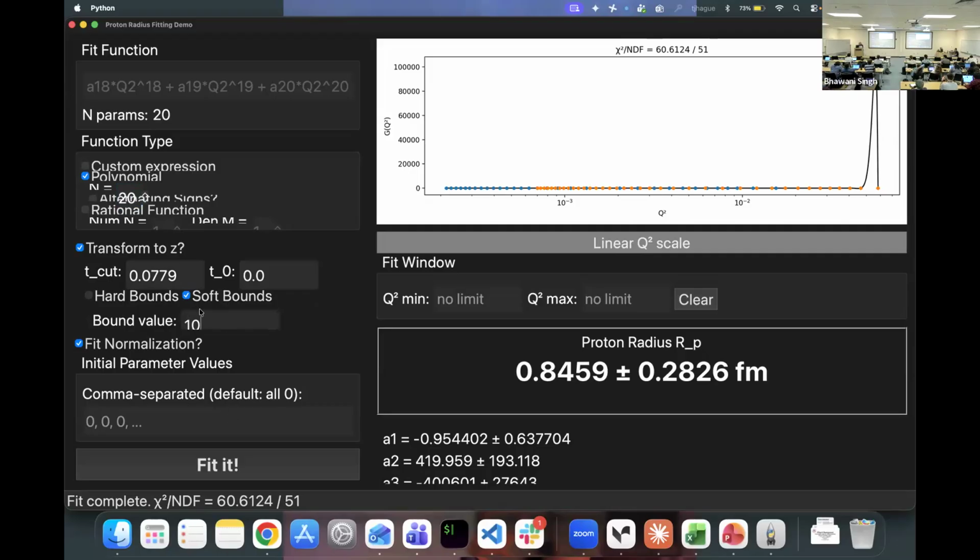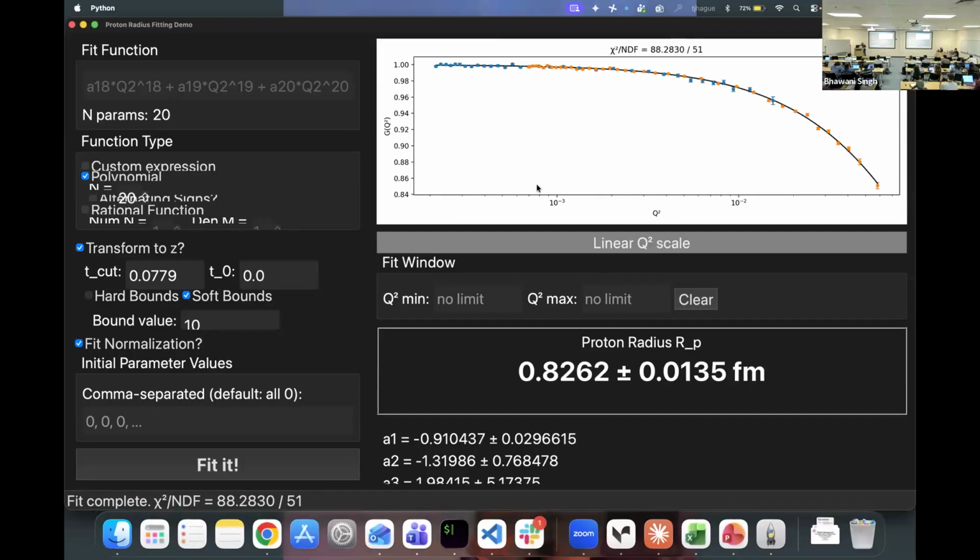What I've done here puts a soft boundary on each of the parameters, that the absolute value of it shouldn't be more than 10, with a Gaussian distribution. So you can get a little past 10, but you penalize your chi-squared. And you can see that then you really do fit the data quite well, and you get very close to this proton radius that PRAD got.